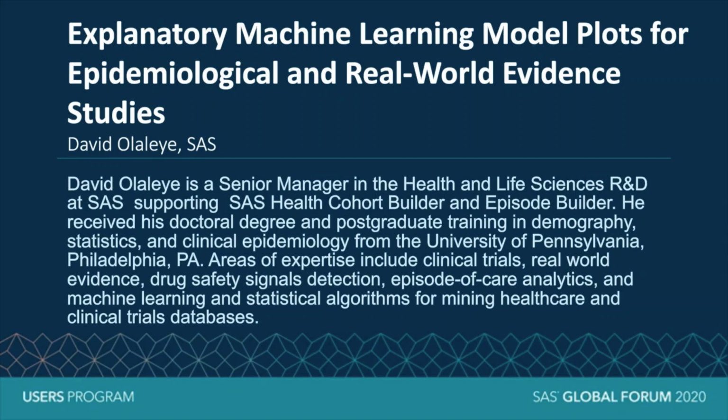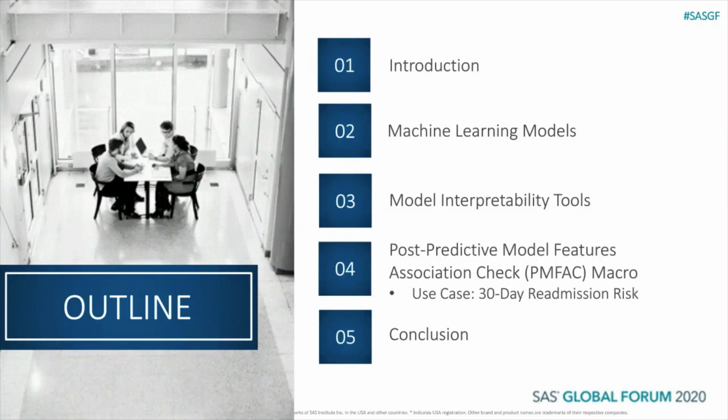My outline: first, I'm going to give you a brief explanation about why I designed the PFAC macro program for checking the validity of machine learning model predictions. Then I'll talk briefly about machine learning models and the existing interpretability tools that can be used to explain model predictions.